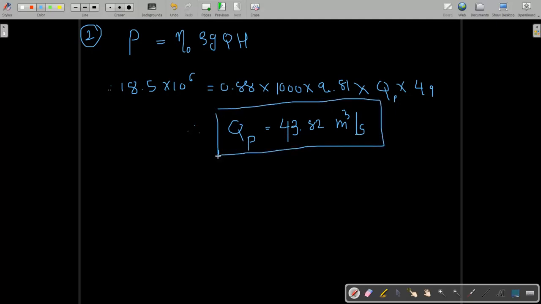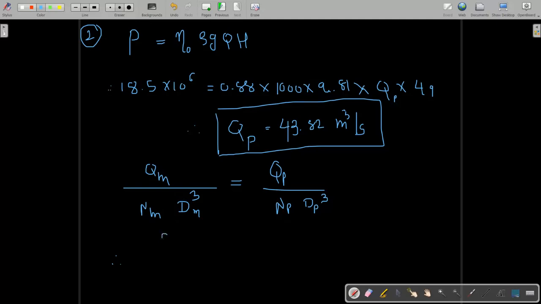Now we have to find for model, okay, not for prototype. So we know the equation of similarity ratio, discharge of model upon nd cube, okay.